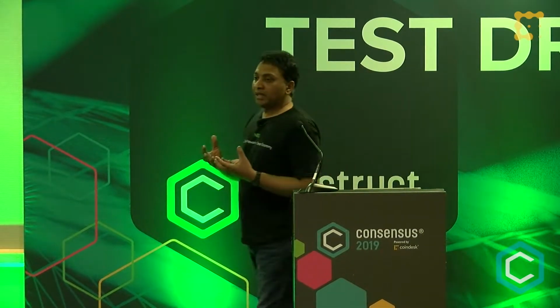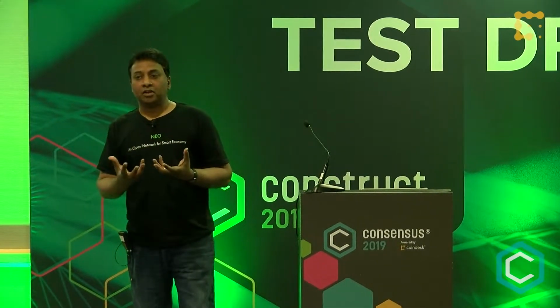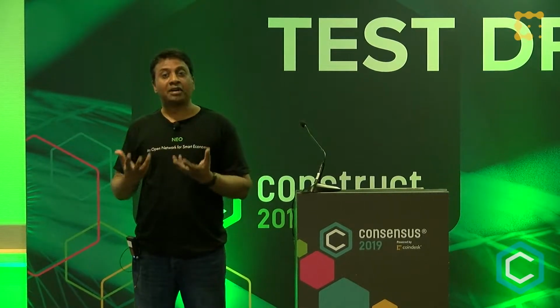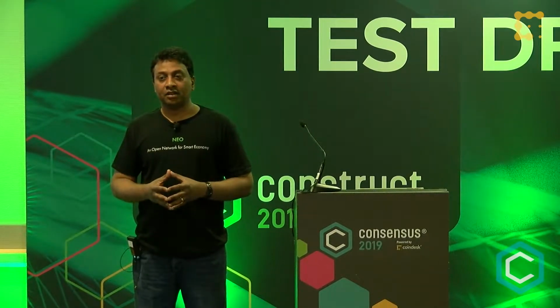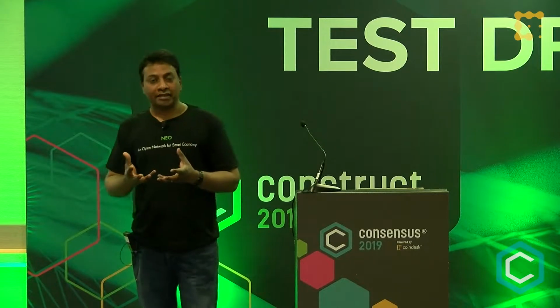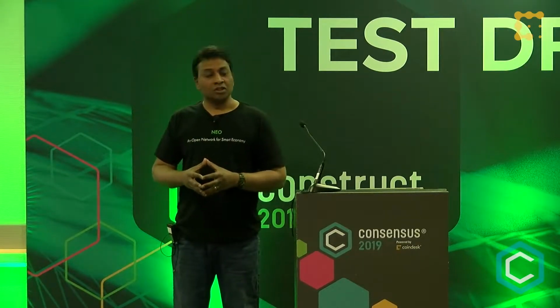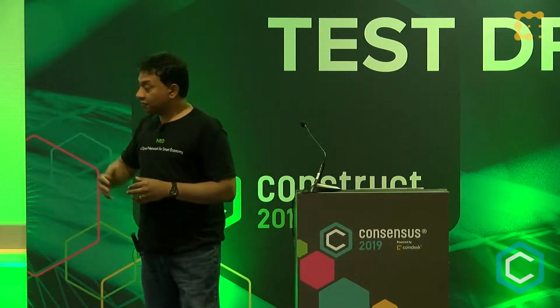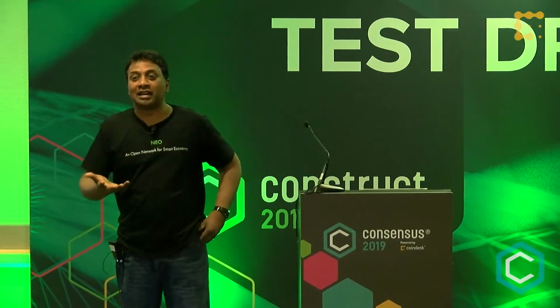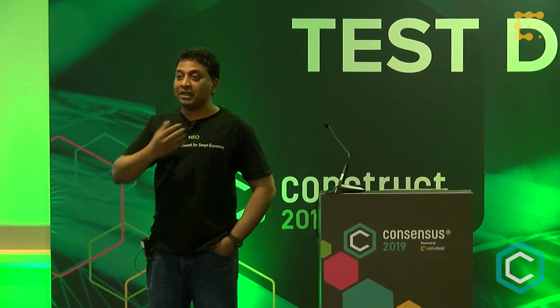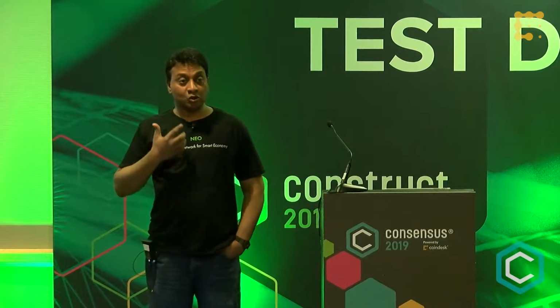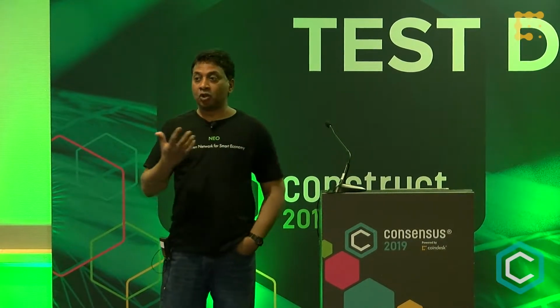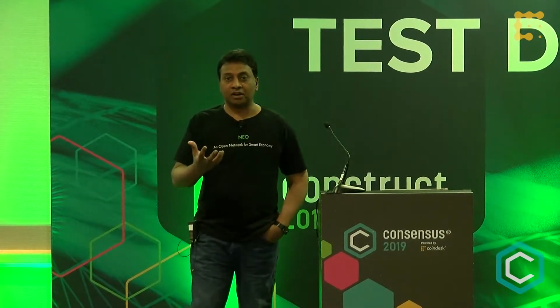So the core vision for NEO is to realize the smart economy. As Da Hongfei says, we have built the stack to make the smart economy real. So what does it mean? A few things in terms of being digital, in terms of tokenization, which we're all very familiar. Being able to program, being able to drive the interoperable tokenization is a critical feature for us.